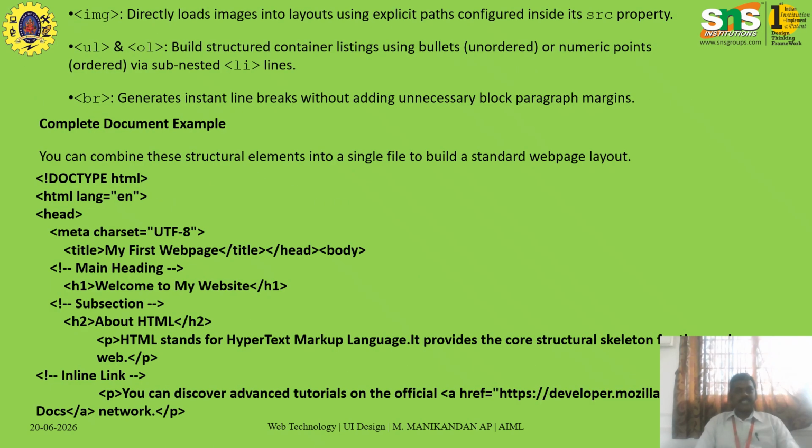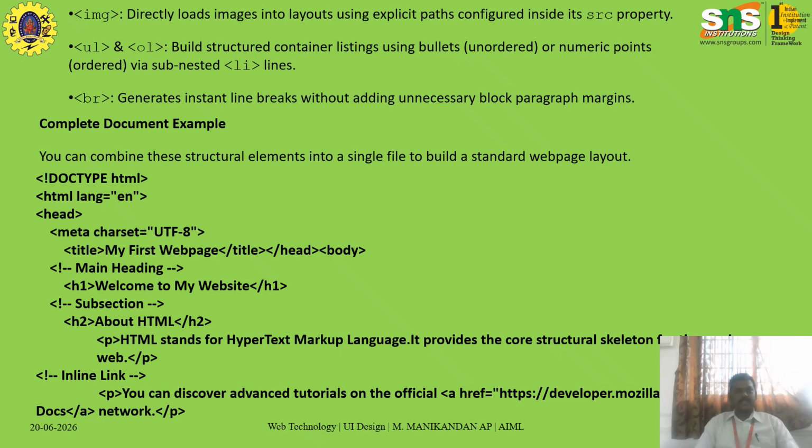Next, the image tag loads directly into the layout using an explicit path configured inside the source property. Whatever source we give inside the image tag will be displayed in the web page.